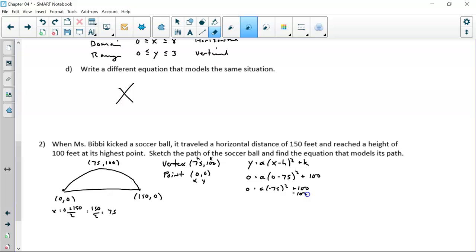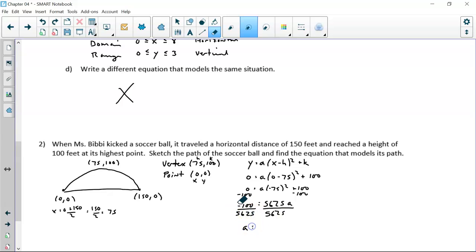I'm going to subtract 100 from both sides: negative 100 equals a times negative 75 squared, which is 5,625a. Then we divide both sides by 5,625.